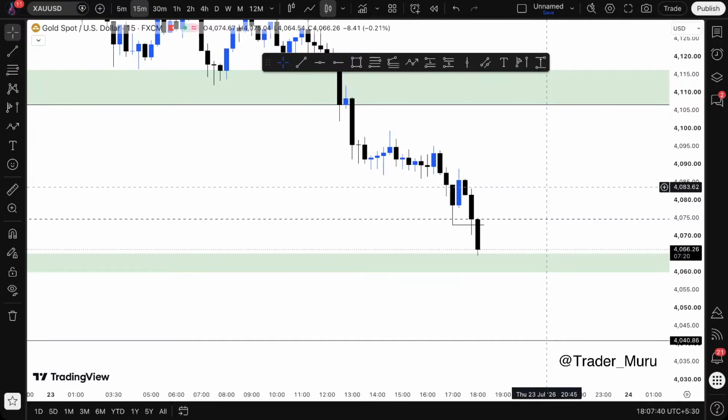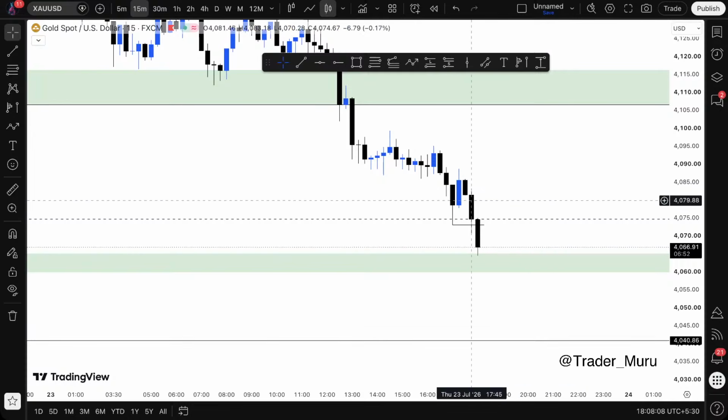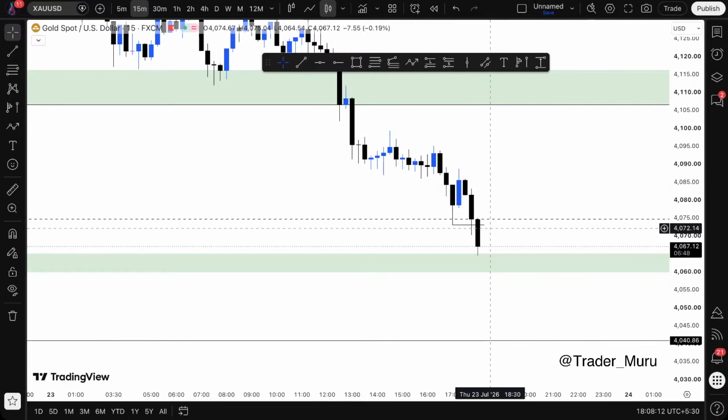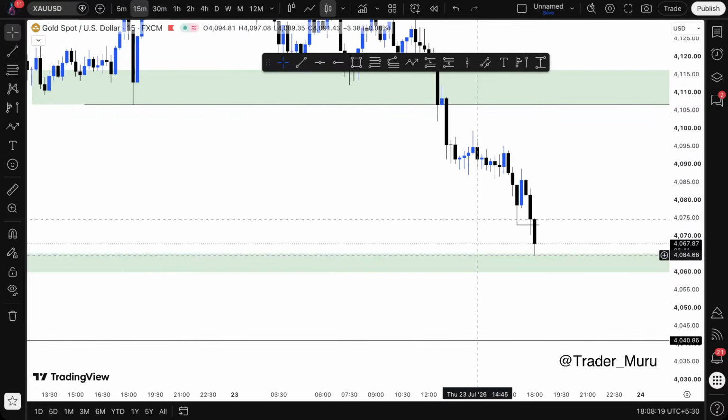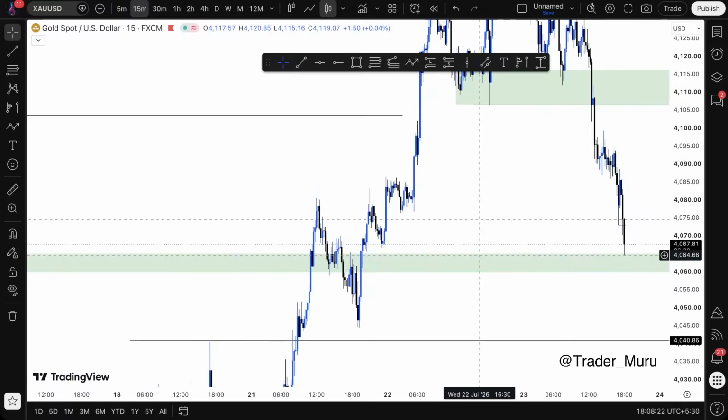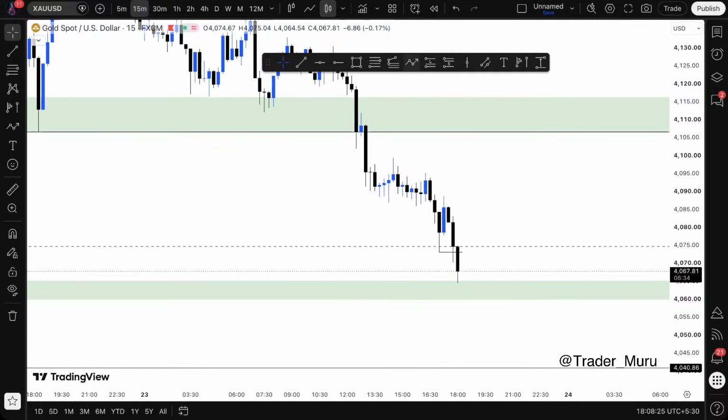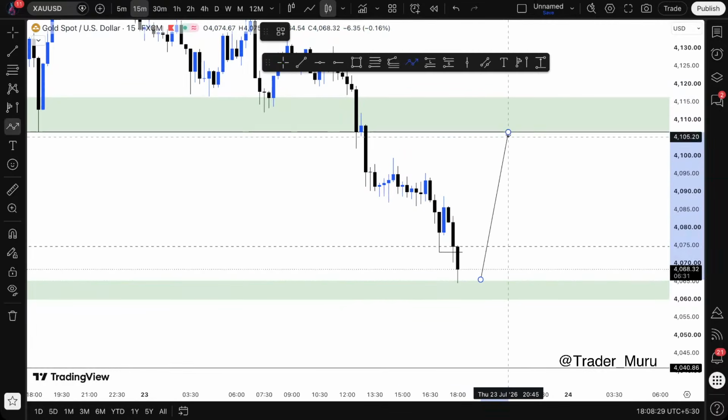Let's wait. From this area, my expectation is test this zone again, then drop.